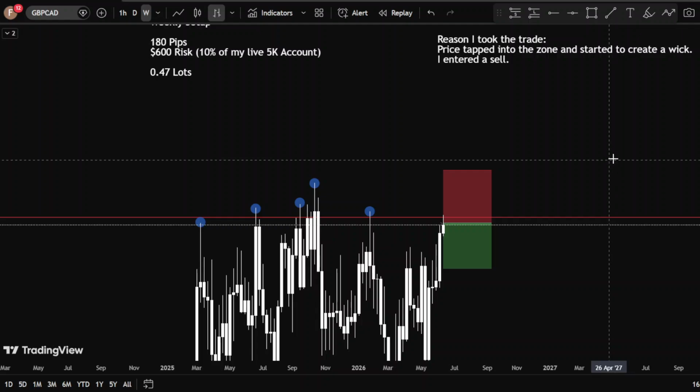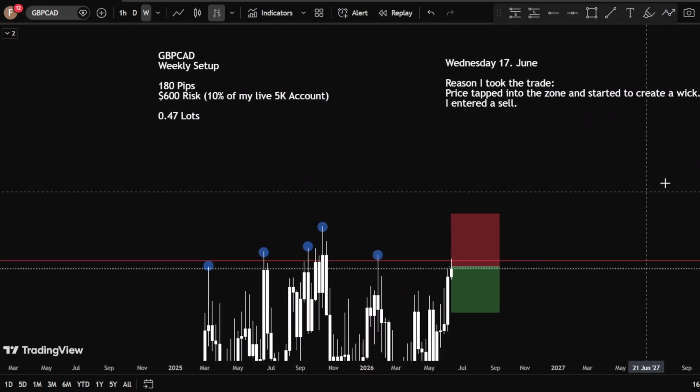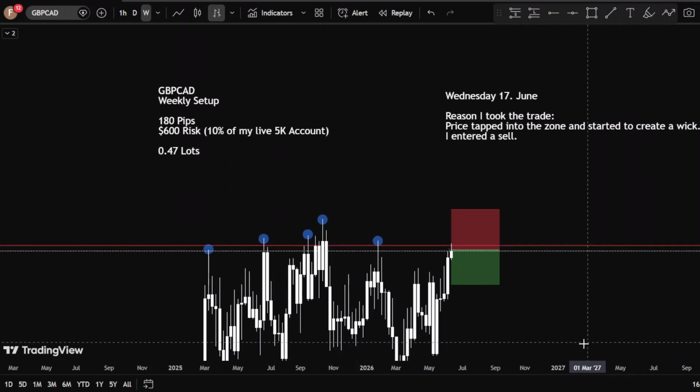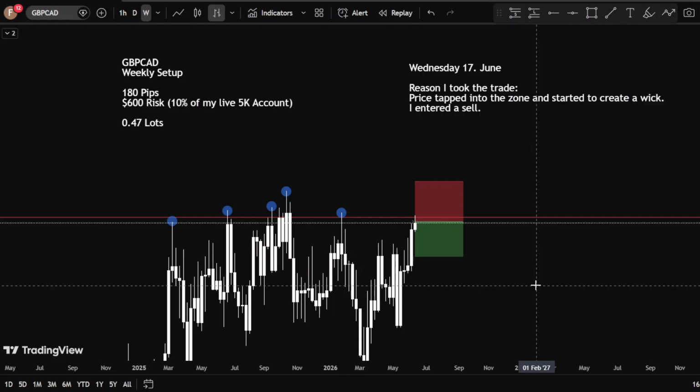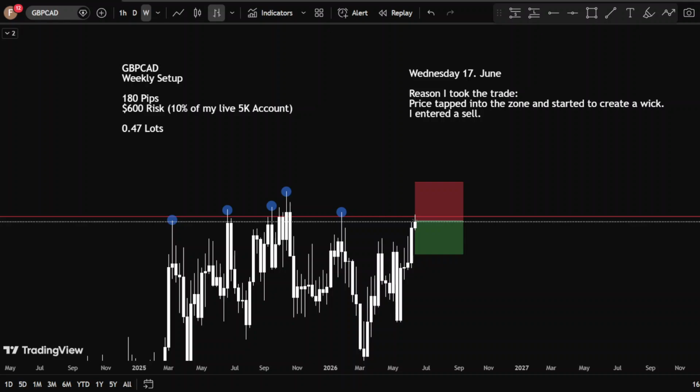So yeah, that's it. It's very easy to understand. These setups take time, which I think is good because you don't stress out. You actually have time to think about whether or not you want to place the trade. Don't take any financial advice from me.